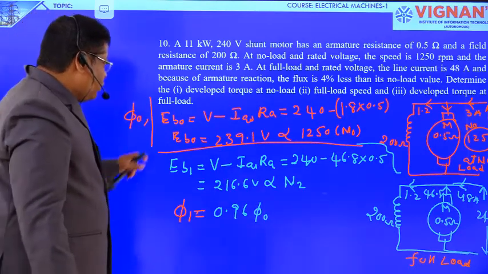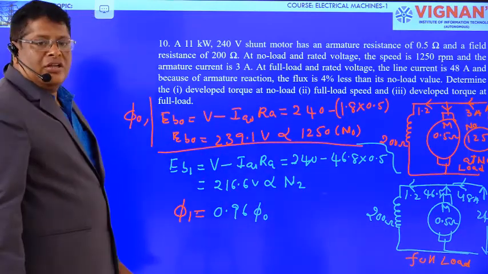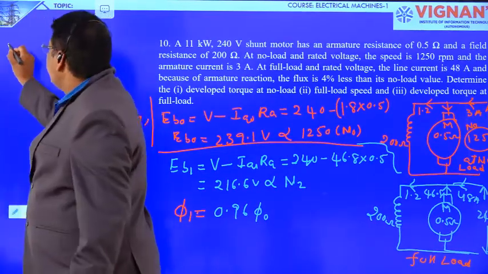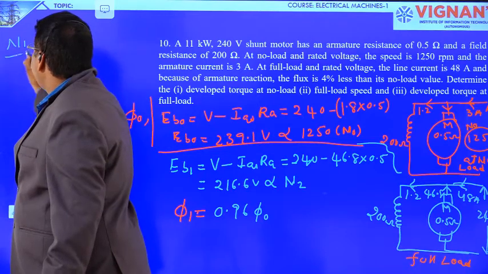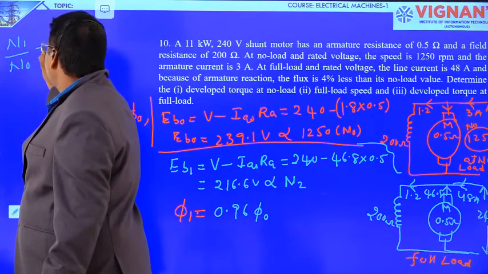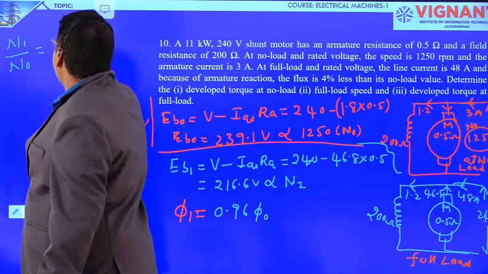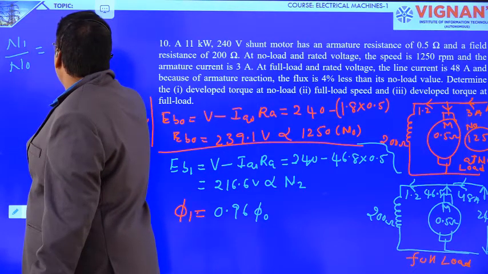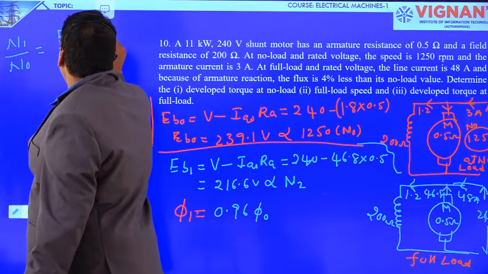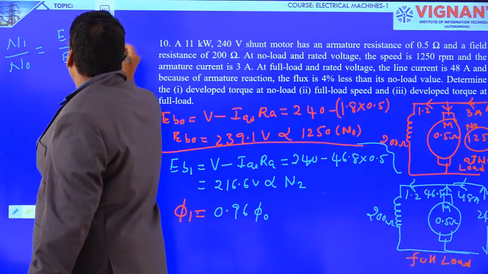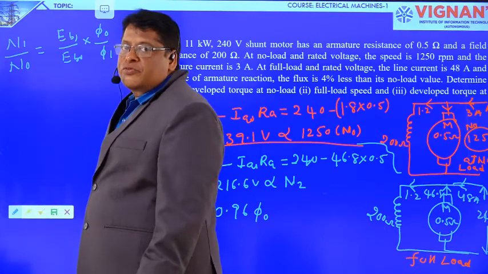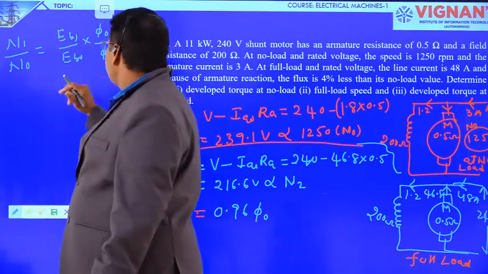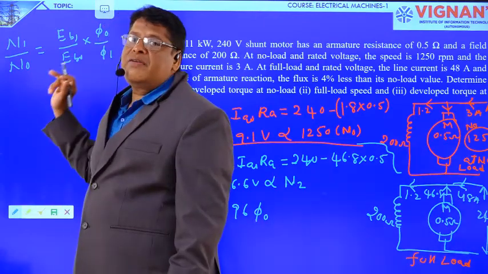Now we know the relation between the speeds of a motor: N1 by N0 equals EB1 by EB0 into phi naught by phi 1. The speed of the motor is directly proportional to the back EMF, whereas inversely proportional to the flux of the motor.